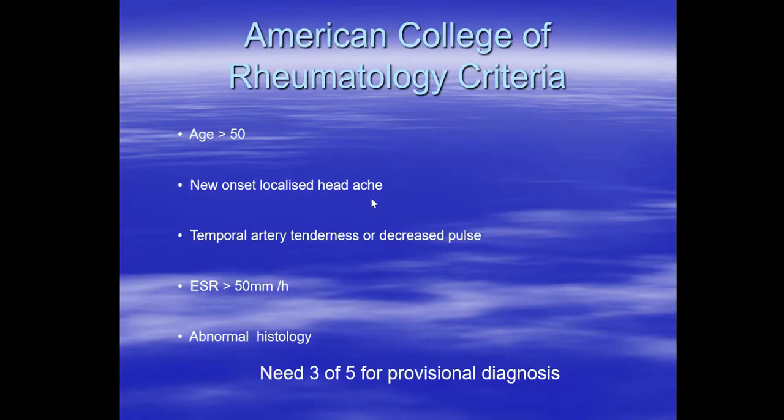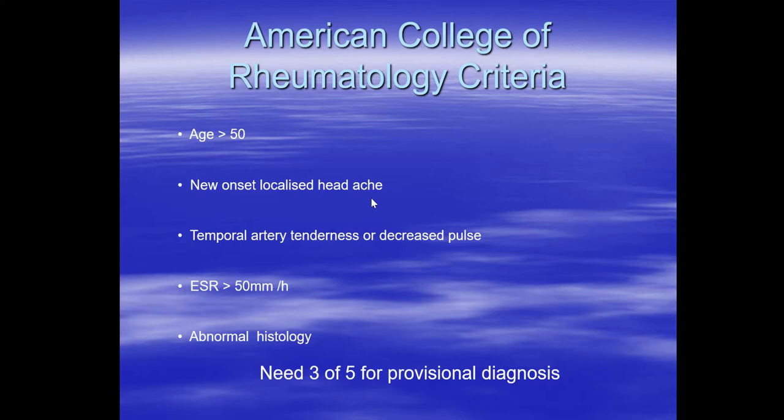The American College of Rheumatology has 5 criteria, and they need 3 of these to be fulfilled to make a provisional diagnosis of GCA or temporal arteritis. Most of your patients are going to be over 50, and as I said, there's a strong female to male preference, and they might come in with a new onset of a localized headache.